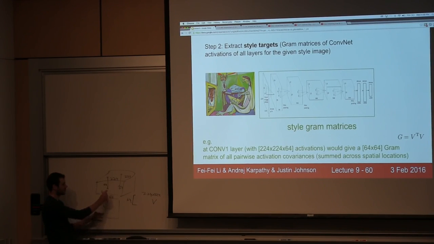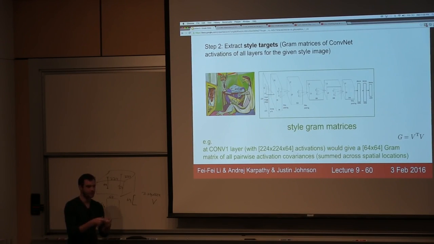And I think it's just a matrix of how often the features across this depth like to fire together. And that's all summarized in this matrix, which will be symmetric. So it's a symmetric matrix, and it just stores what neurons like to fire together.